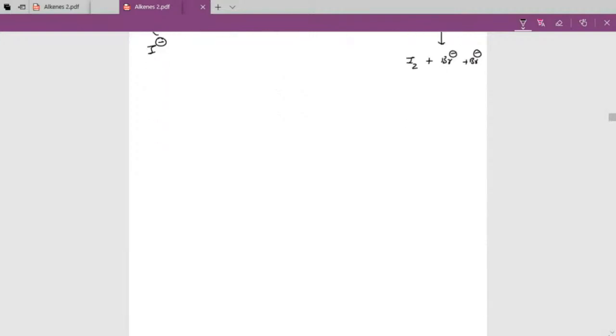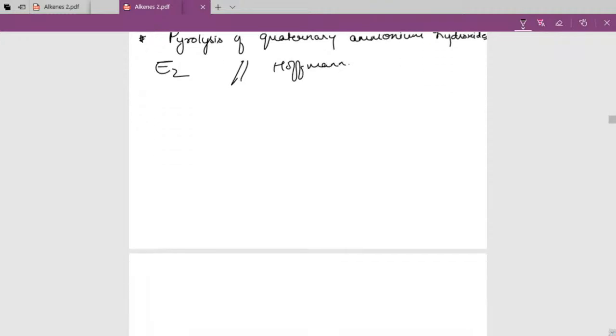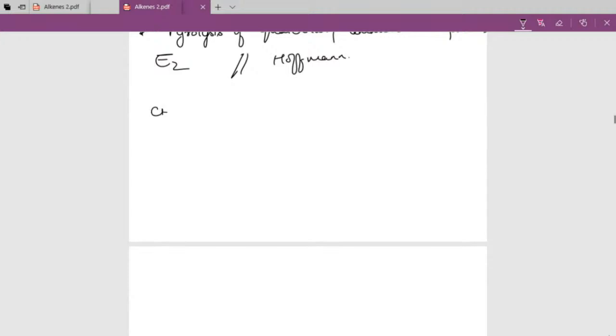Another example which I did not mention is pyrolysis of quaternary ammonium hydroxides. This is also a method. It is E2 and the answers are always Hofmann. Okay, quaternary ammonium hydroxides. So what we'll do is take a primary amine as a starting point.